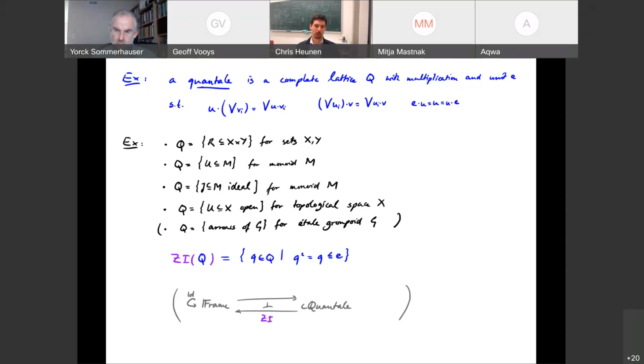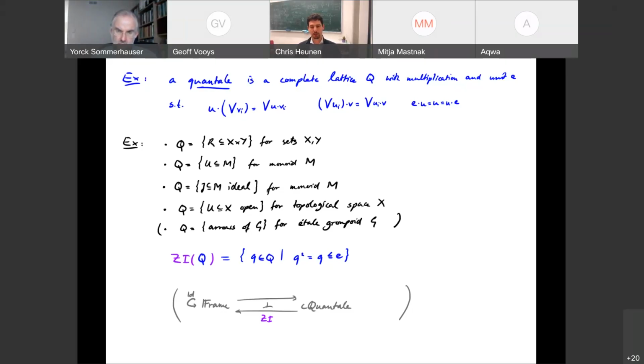Another thing I could do is, if you start with a monoid, so something that has a multiplication already, I can look at subsets of that monoid and lift the multiplication to subsets of that monoid. I can also have unions of subsets of that monoid, so I will get a quantale. Or I don't have to take all subsets, I can start with a monoid and look at all the ideals in it. Then you can still take the join of ideals and get another ideal, and you can still multiply them.